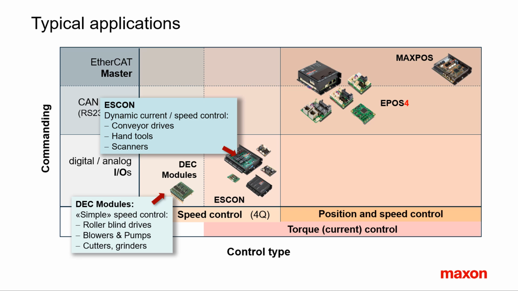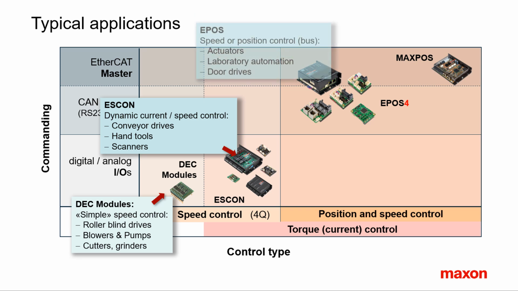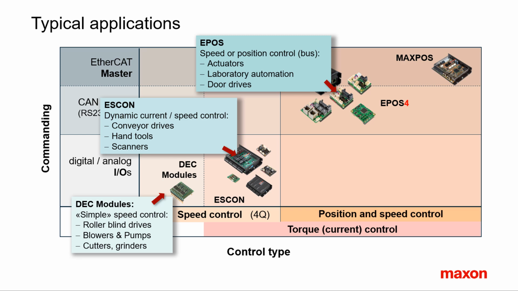It can be used when the requirements about control performance are higher, as in conveyor drives, all kinds of handheld tools and scanners. The EPOS is the standard solution for positioning and/or if a bus communication is required. Typical applications include all kinds of actuators, laboratory automation, door drives and similar.